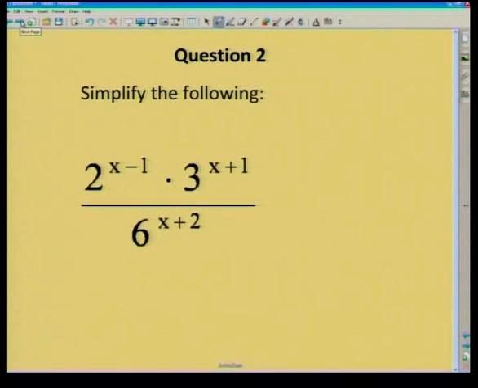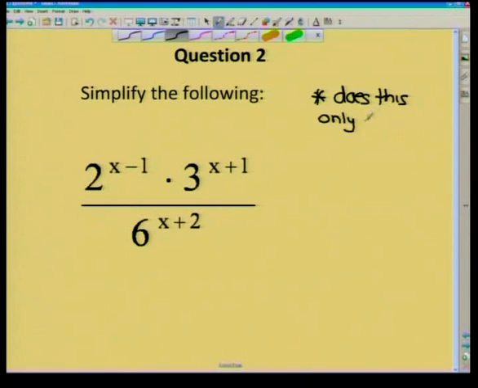Let's go now and look at a question and see how it was done. Right, it says, question 2, simplify the following. Now, very important is whenever you get these exponential questions, the first thing you do is you ask yourself, does this only have, and this is quite important, multiplying, dividing, raising to powers, or rooting?